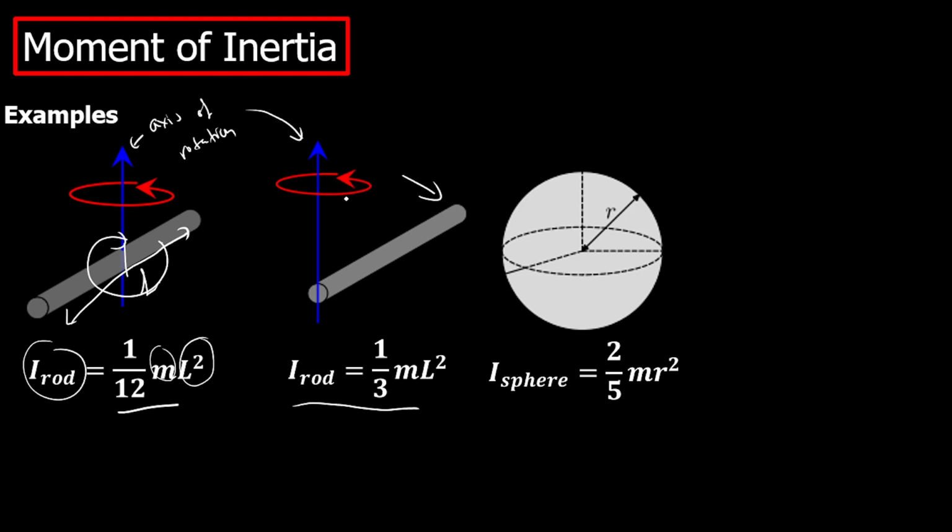So it has a higher tendency to resist rotation about the axis of rotation here. Again we have m as the mass of the rod and L as the length of the rod from one end to the other. Here we can see that the positioning of the axis of rotation also comes into play in the equation for moment of inertia.